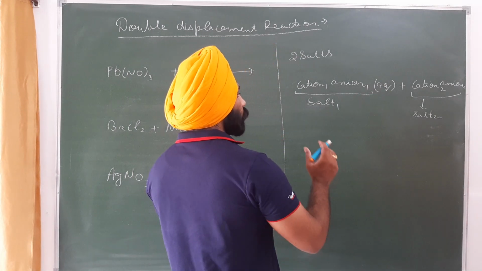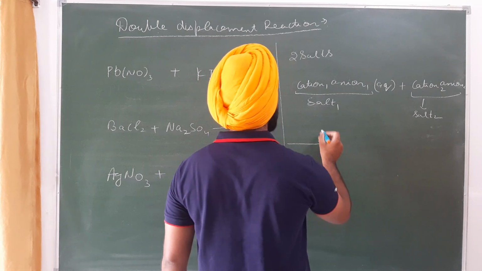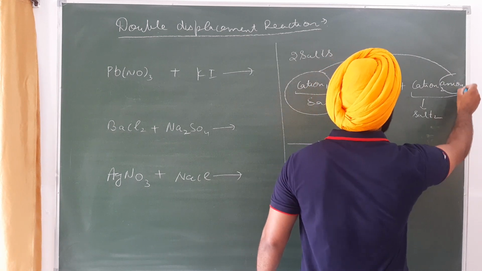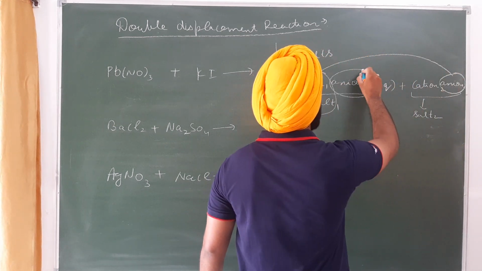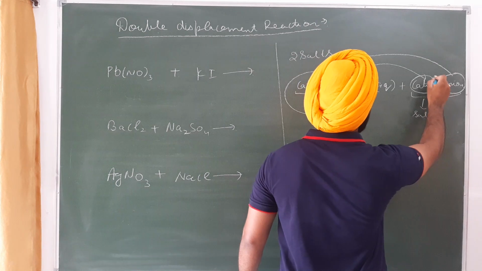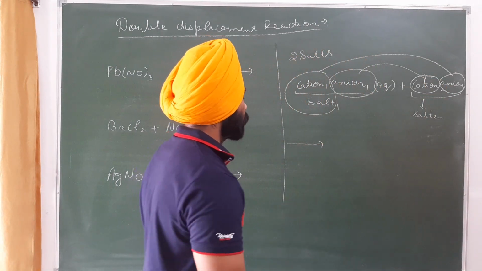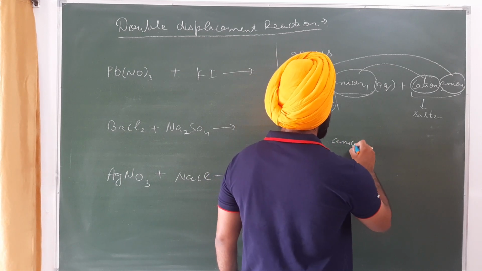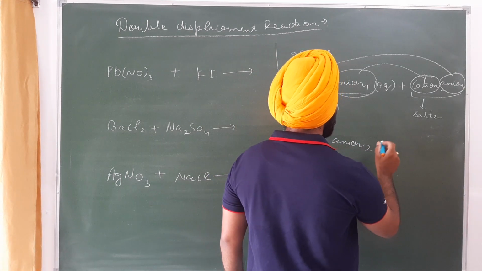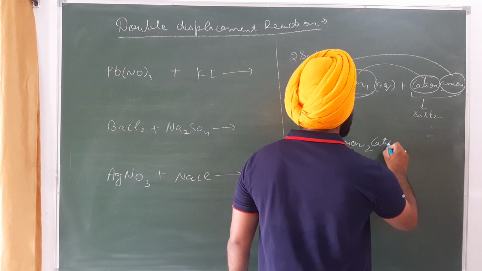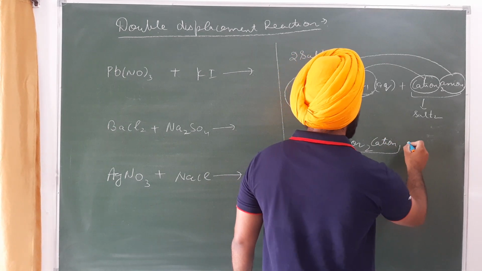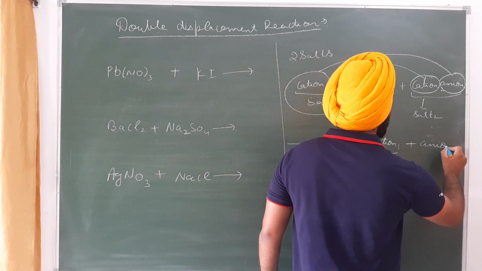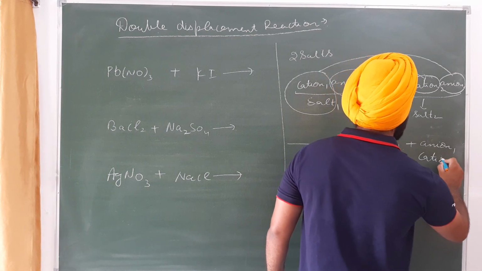So, when the reaction proceeds, the cation of the first salt will move to the anion of the second salt, and the anion of the first salt will move to the cation of the second salt. So, the answer will be anion 2 cation 1 plus anion 1 cation 2.